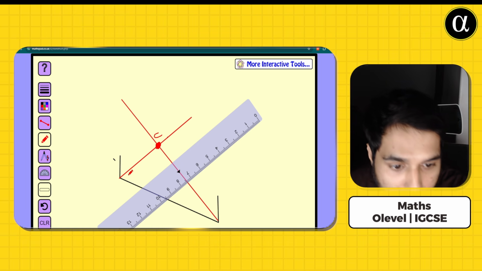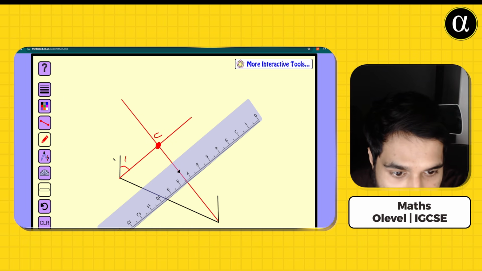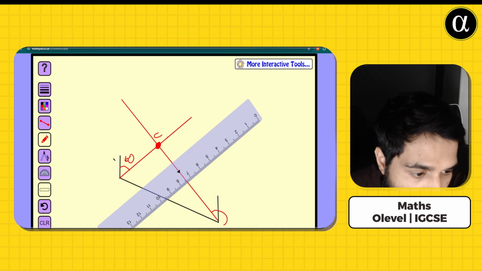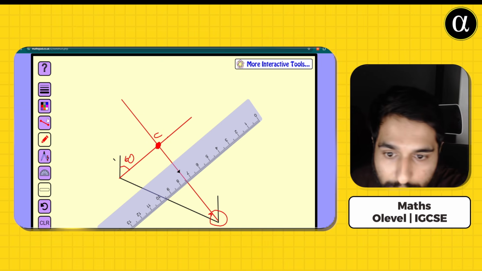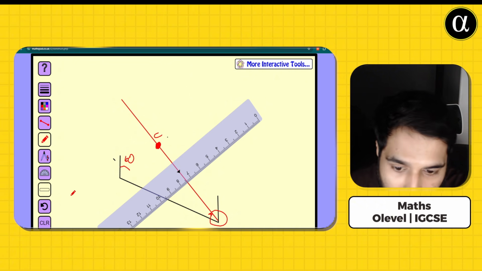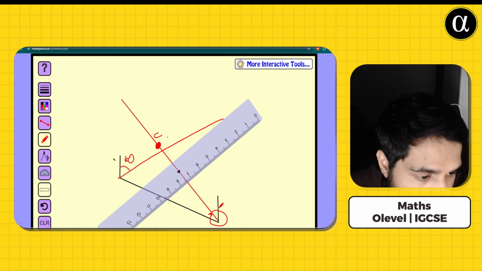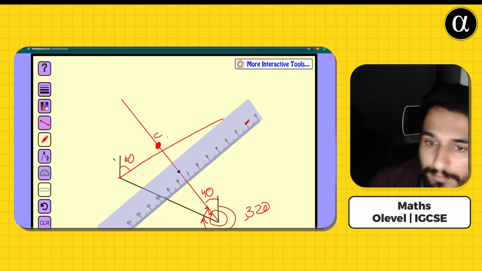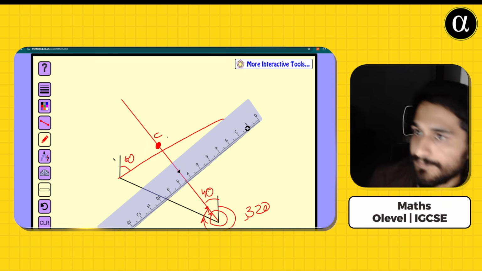But this is what you're supposed to do, where this angle is 60, and this side, starting from here up until here, is going to be 320 degrees. This part is 320, and this side is going to be 40. So that is what you need to keep in mind, right?